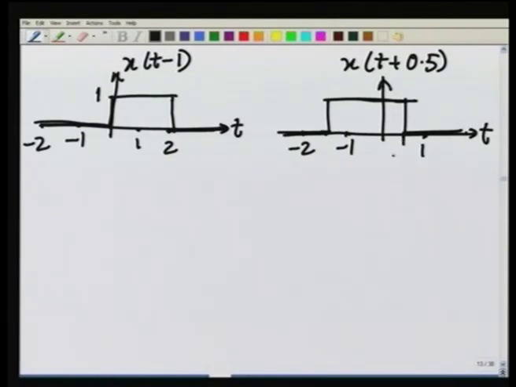This point is actually 1 by 2, and this point is actually minus 3 by 2. So, its transitions have been shifted by half towards the left, because it is x of t plus half.